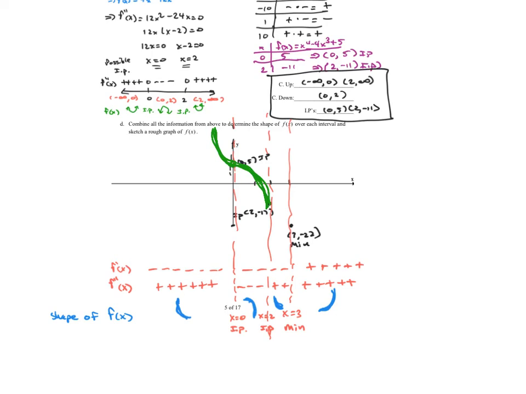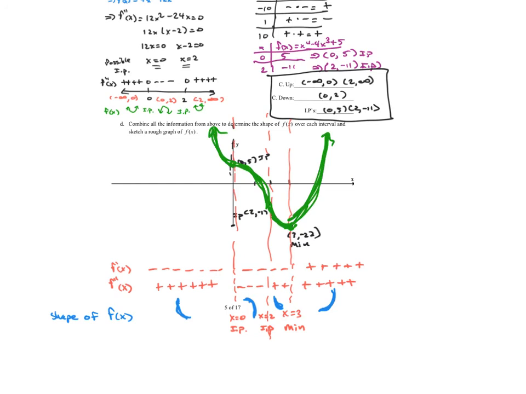Now I need to connect the point (2, -11) and the point (3, -22) with the left half of a frown, so I connect those points with that shape. And anywhere to the right of the point (3, -22), I have to be the right shape of a smiley, so I make it that shape.